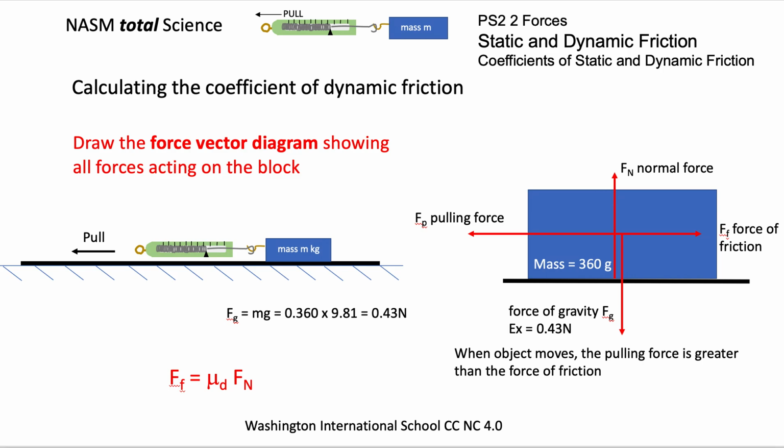And then the force vector diagram is very, very similar. And here we've got the red formula at the bottom. The force of friction equals the coefficient of dynamic friction multiplied by the normal force. And so you've got the calculations in there.